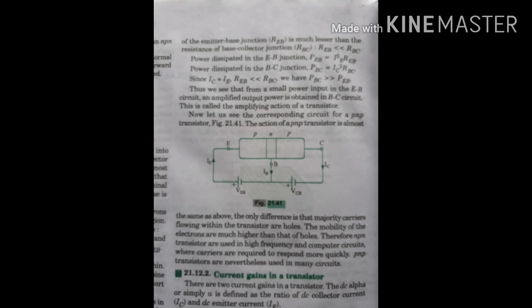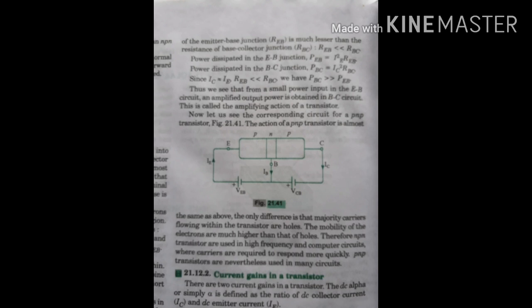As we know that IB is very small compared to IC, we can write that IC is nearly equal to IE. That means the collector current is nearly equal to the emitter current. So REB is very much less than RBC, and PBC will be very much greater than PEB.